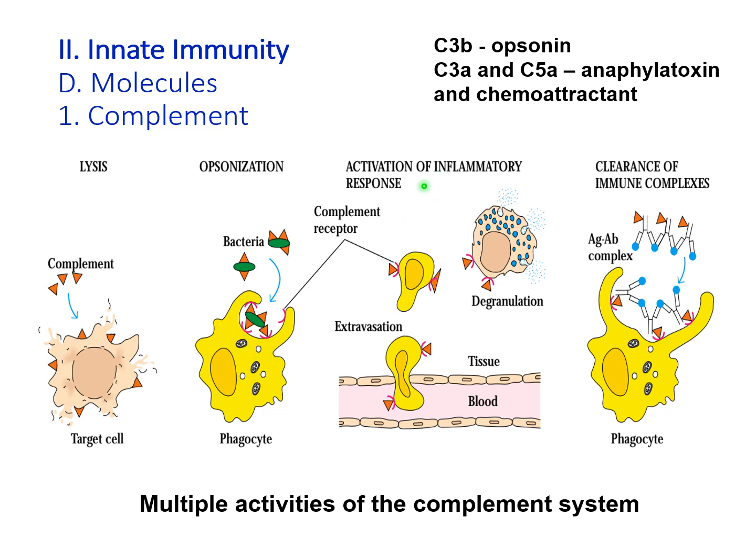Thirdly, it can act as activators of the inflammatory response. So C3a can act as a chemoattractant for eosinophils. Your C5a can act as chemotactic agent for neutrophils and monocytes. Now your C3a and your C5a can also act as anaphylatoxins.